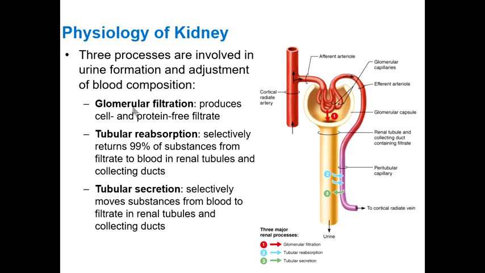Glomerular filtration is when protein-free and cell-free filtrate is produced, and we saw that last video. We have high blood pressure in our glomerulus, and then this fluid gets filtered out of our blood, you can see the little arrow number 1, and into our glomerular capsule.